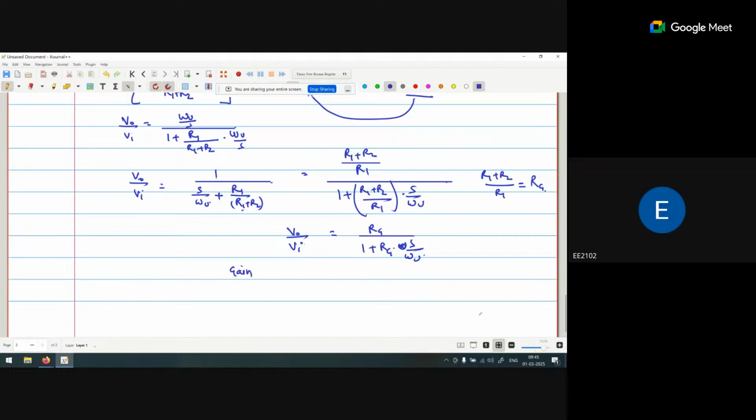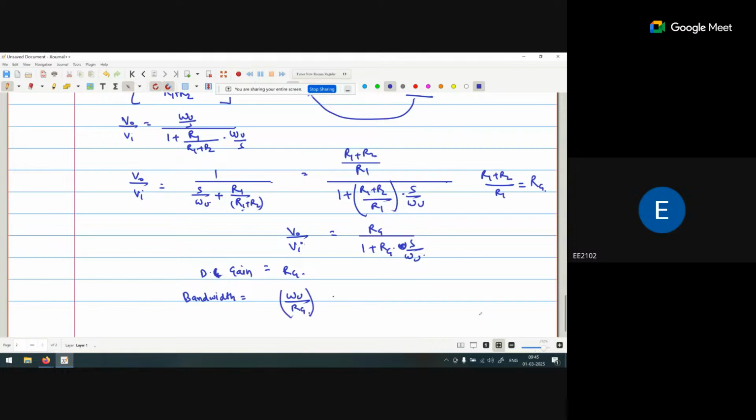The DC gain is nothing but RG. And what is the bandwidth? The overall bandwidth is omega U upon RG.